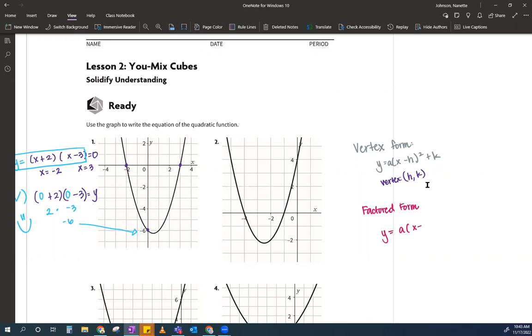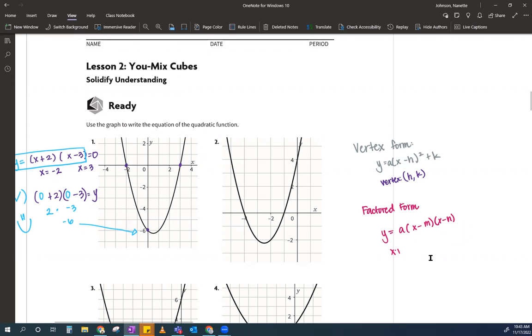They don't really have a number here, so I'm going to use m and n, where m and n are your x-intercepts, x-intercepts at m and n.